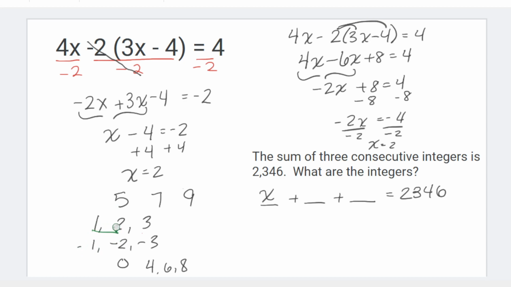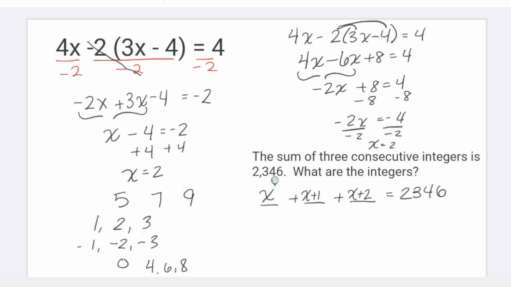Well, from 1 to 2, you have to add 1. So in this case, I'm going to call this x plus 1. And if I wanted to move to the next number, I would add another 1 for a total of 2. And now I have an equation that starts with the number x that I don't know, and then it has the next two numbers after it.